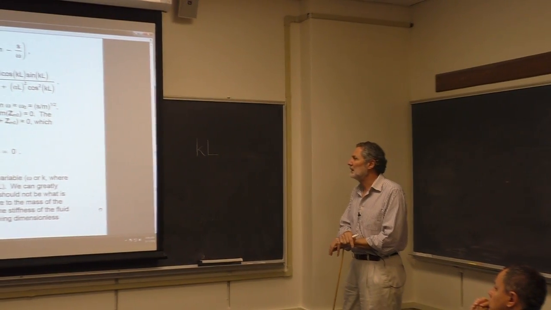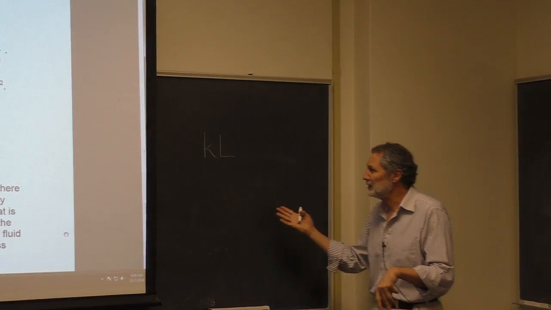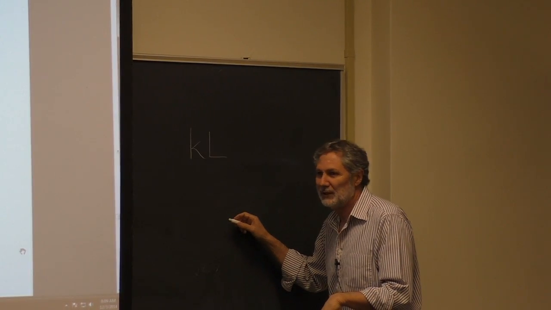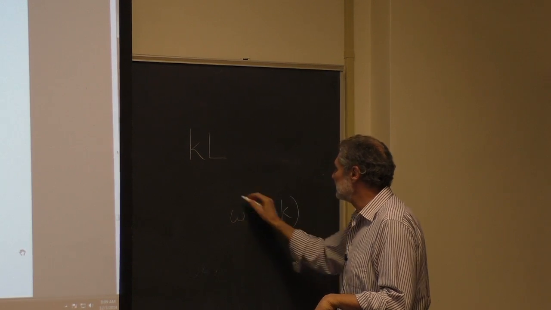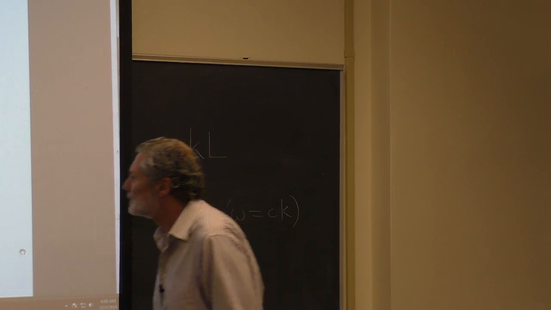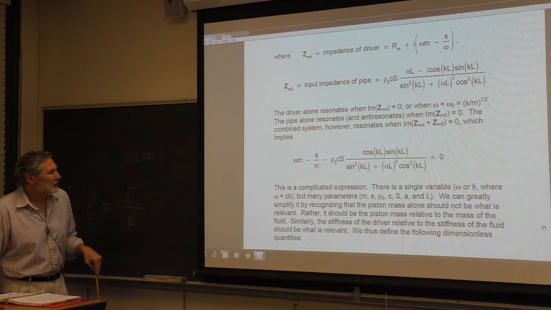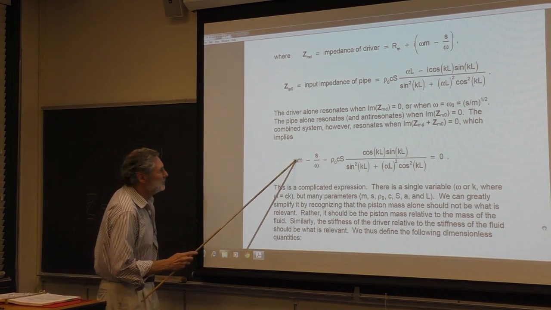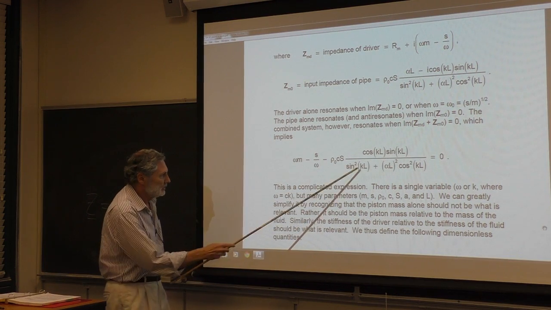So in the language of acoustics, we'll be sweeping in KL, which is essentially the same as sweeping frequency, because omega is equal to CK. So that's the first thing you want to see here. There's really just one variable. We see omega and KL, and we'll deal with KL.